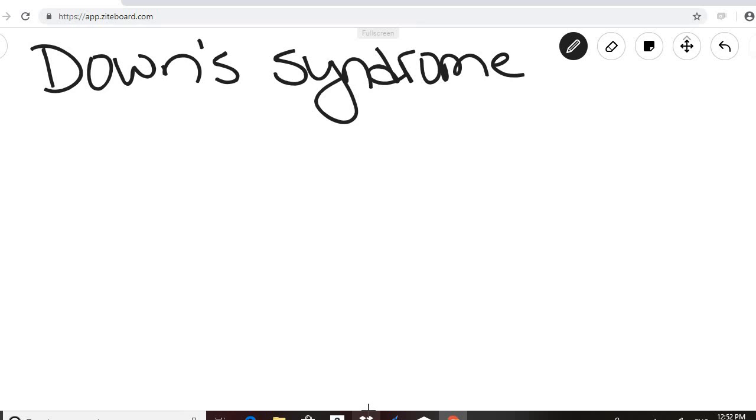They often will have heart defects. Many of those heart defects can be repaired surgically, but they have some degrees of mental retardation.